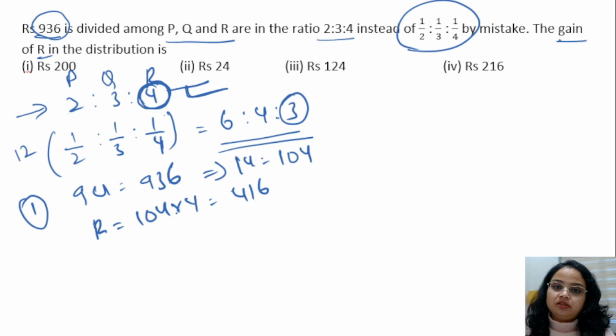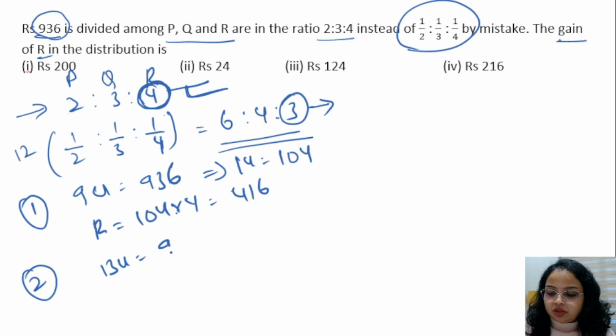It is 416. And in the second ratio, what is the total number of units? It is 10 plus 3, 13 units is equal to 936. So 1 unit is equal to what? 936 by 13. 13 into 7, 91. 13 into 2, 26.